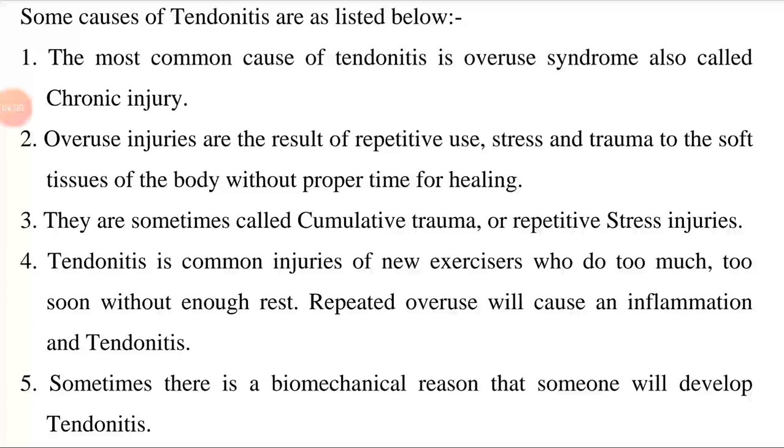They commonly result from overusing one body area or from long-standing conditions. Overuse injuries are the result of repetitive use, stress and trauma to the soft tissues of the body without proper timing for healing.